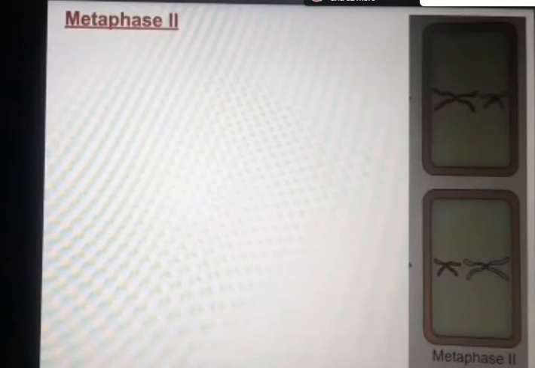The spindle fibers get attached to the centromere, or you can say the kinetochore, so that after the activity of the spindle fibers or microtubules, they move towards their respective poles. Due to that activity, they reach the equatorial plate.